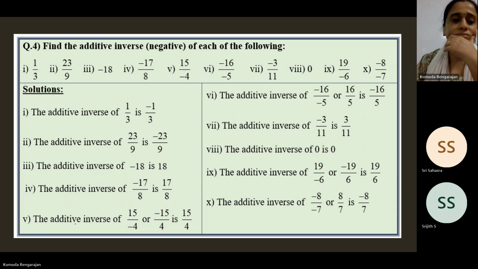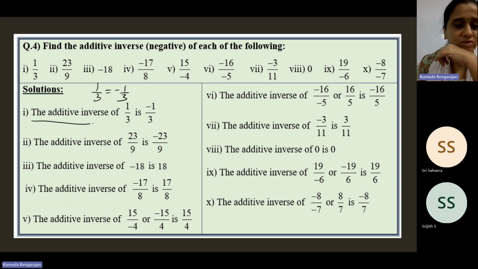All right. And you should always write it as a statement. You should not write 1 by 3 is equal to minus 1 by 3. You must write it as a statement: the additive inverse of 1 by 3 is minus 1 by 3. You should not write 23 by 9 is equal to minus 23 by 9. They're not equal.